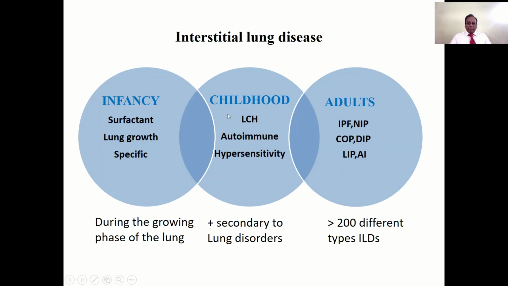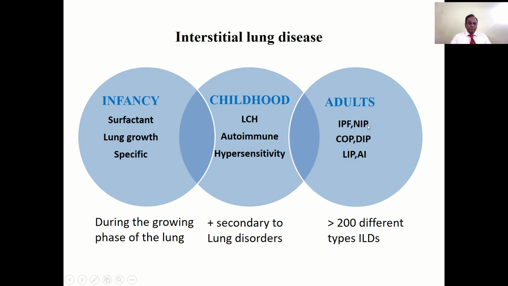Coming to the etiology, the causes of ILD in infancy differ from adults. For example, in adults, interstitial lung disease is mostly smoking related. You may go for IPF, that is idiopathic pulmonary fibrosis, or NIP, that is non-specific, which are initially very difficult to diagnose, or cryptogenic, or like that.